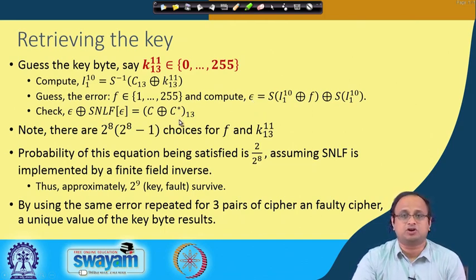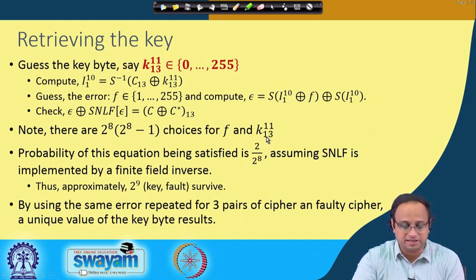What is the chance of a particular guess satisfying this equation? I will come to that, but first observe that the possible number of guesses you are making is: for K13 there are 256 choices, that is 2 to the power of 8, and there are 2 to the power of 8 minus 1 choices for F. So in total there are around 2 to the power of 8 into 2 to the power of 8 possible choices for the tuple of F and K13.